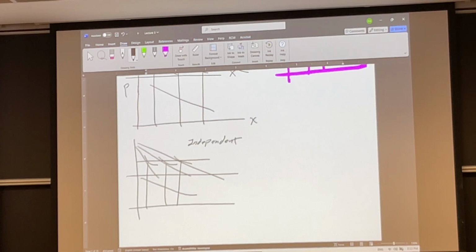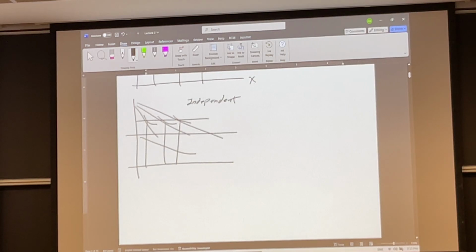So the shape of the PCC does not have anything to do with the shape of demand. In all cases, you get downward sloping demand. The shape of the PCC just tells you how X and Y are viewed by the individual compared to each other, the relation between the two. Downward sloping, substitute; upward sloping, complement; flat, independent. Fine?